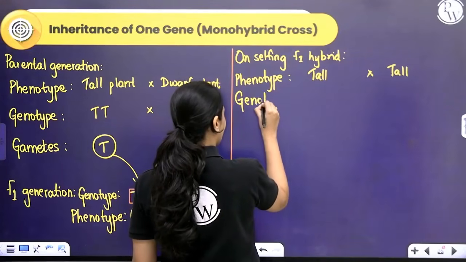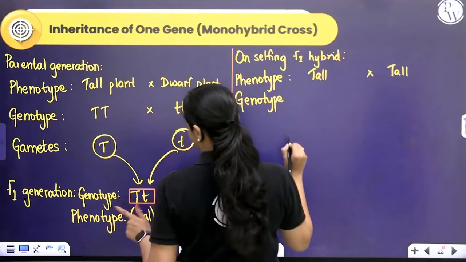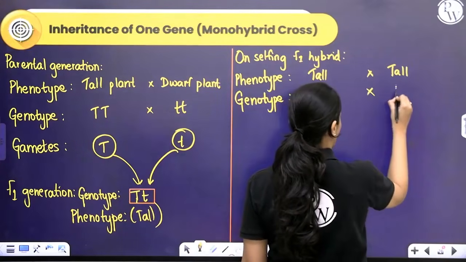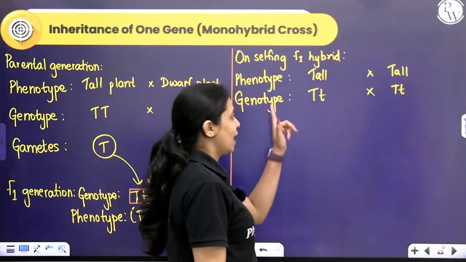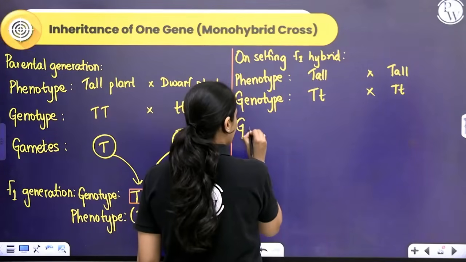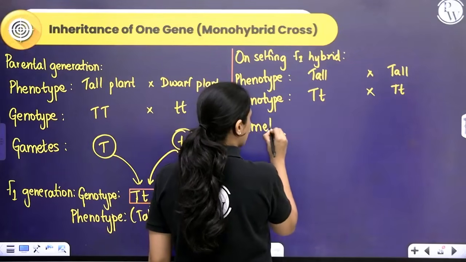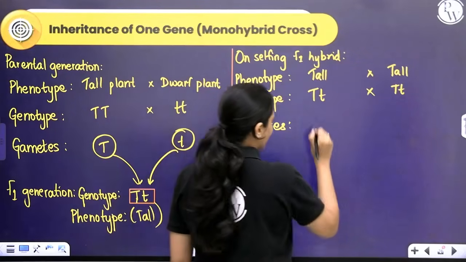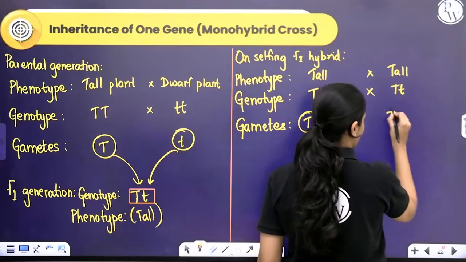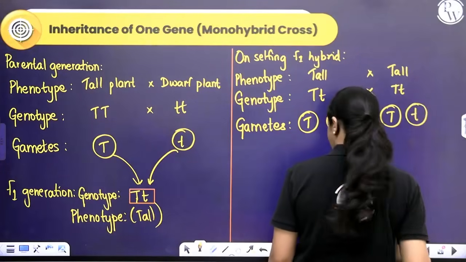It's not capital T, but it's capital T lowercase t. It is heterozygous, capital T lowercase t crossed with capital T lowercase t. Now that it has two different types of alleles, it can form two different types of gametes. Okay, so capital T, lowercase t, this also can form capital T, lowercase t.